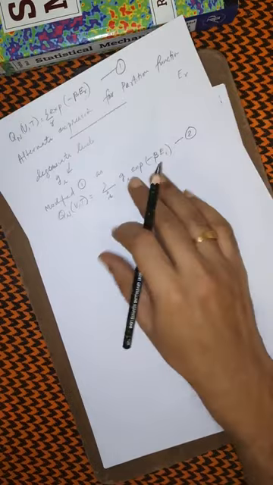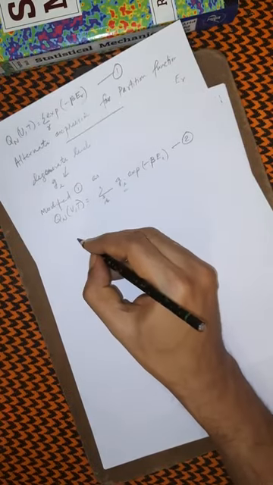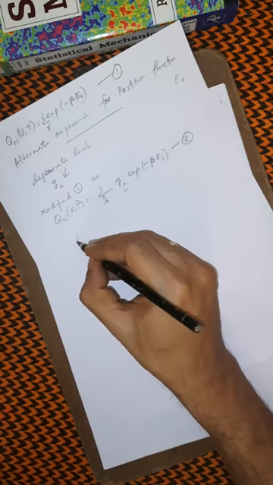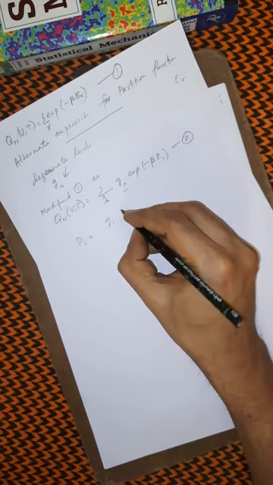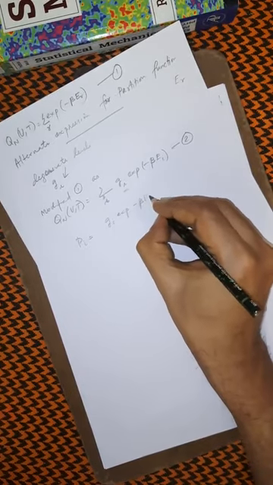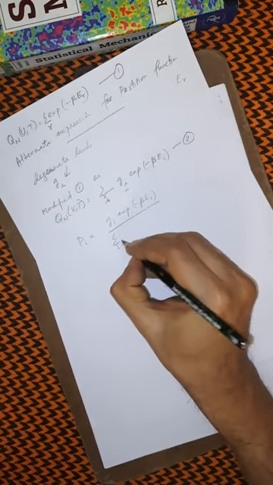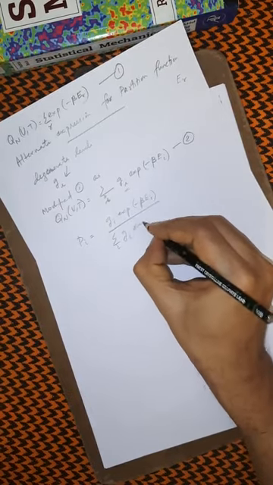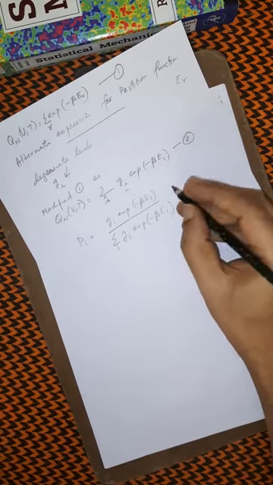Now, of course, the probability expression gets modified accordingly. P_i is equal to g_i into exponential minus beta E_i divided by sum over i of g_i exponential minus beta E_i.